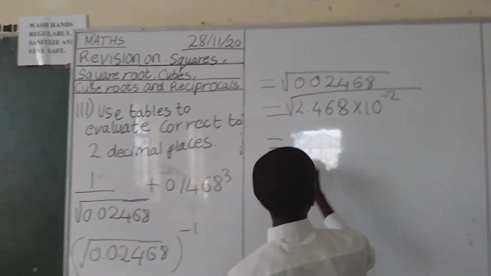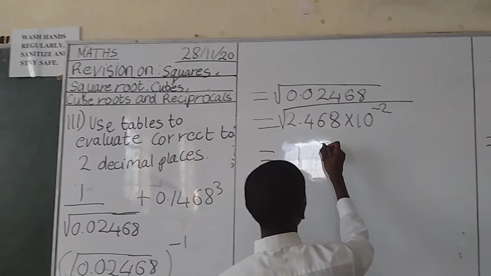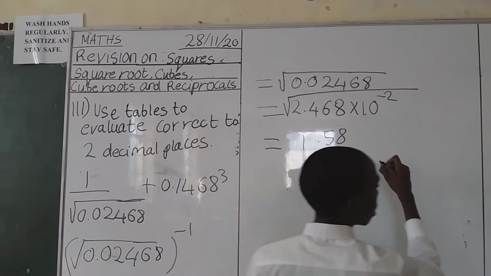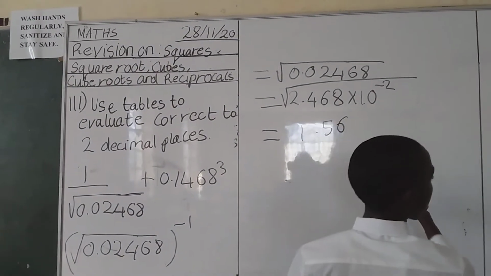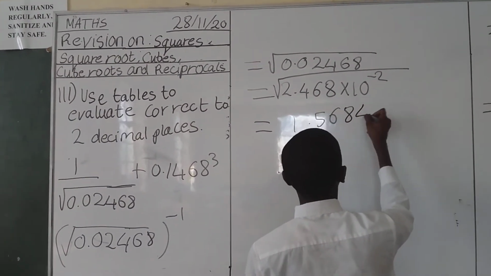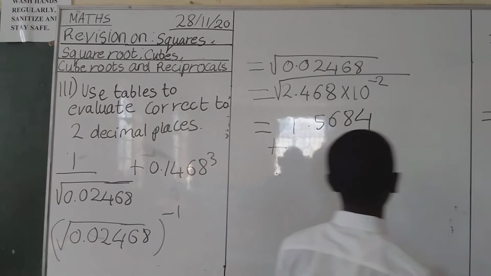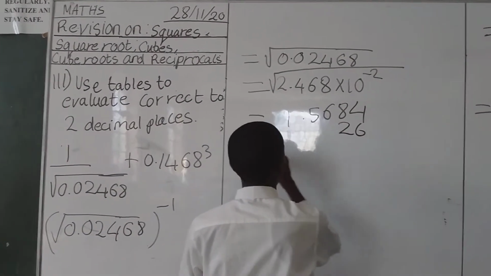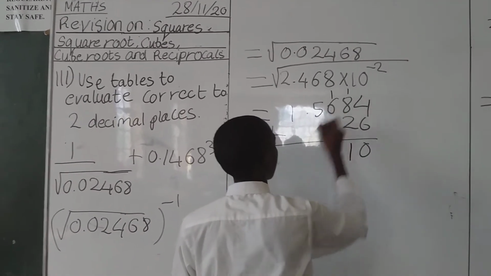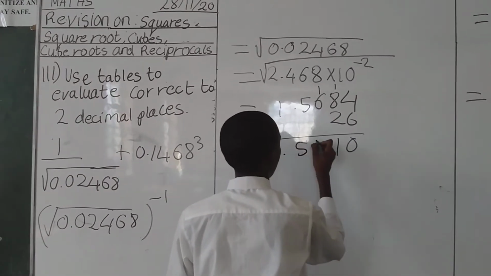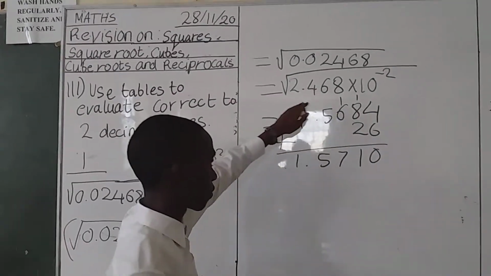So to write it down, we have 1.5684, and then we add from the differences column 26. We add that and we have 1.571. So this is the square root of 2.468.